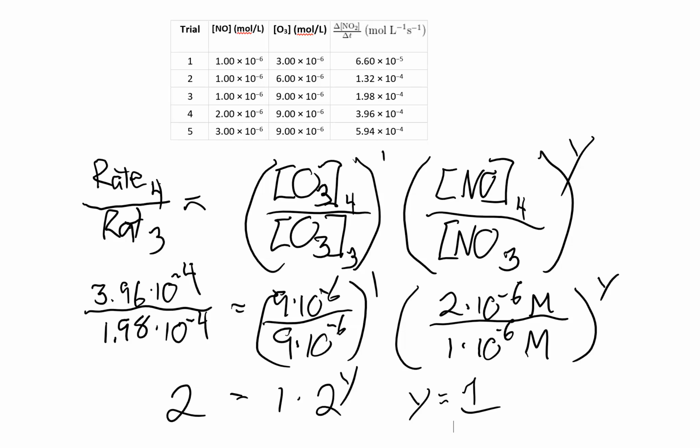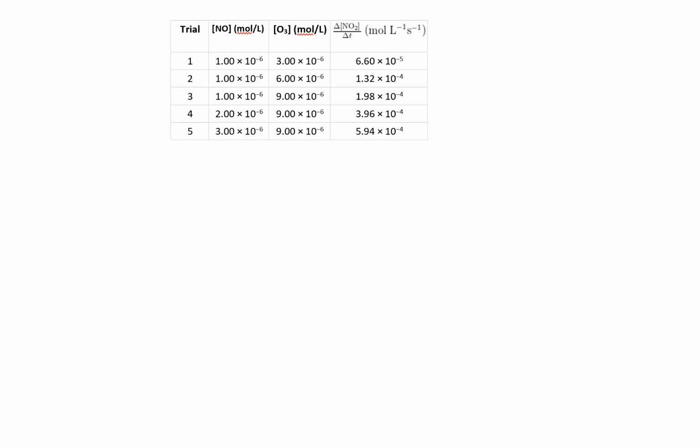So let's write our overall rate law and then solve for the rate constant K. Since we found that both nitrogen monoxide and ozone are first order, we can now say the rate of a reaction is equal to the rate constant K times ozone raised to the power of 1, or that is ozone's first order.